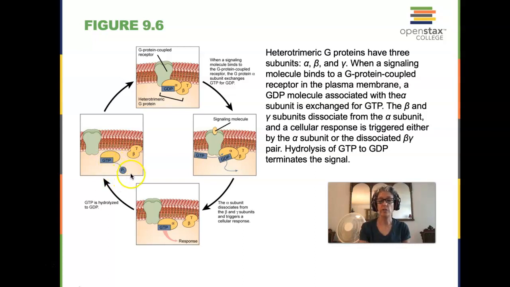If we take a phosphate off of guanosine triphosphate, we restore back to guanosine diphosphate, and that is the signal for the beta and gamma subunits to reattach to the alpha, and we are ready to repeat this signaling pathway. It's a lot. That's why I've provided several examples in the module to go along with this very static picture.